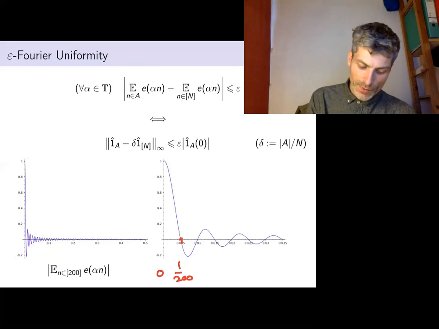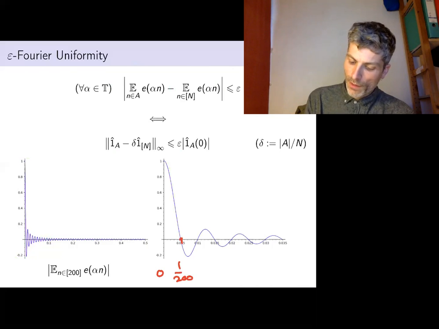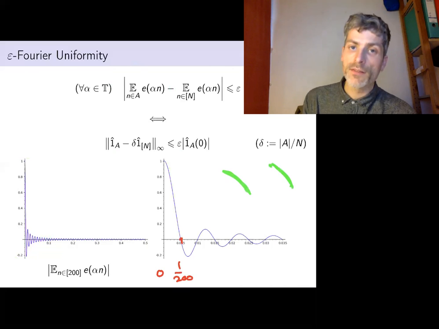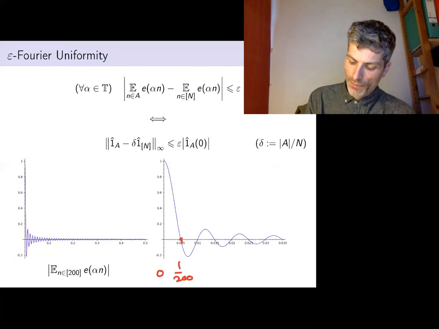At these low frequencies, our definition is not that the Fourier transform is small, but that it's distributed in the sub-arc in the same way as the interval is. And so you can account for that by comparing with the Fourier transform of the interval.